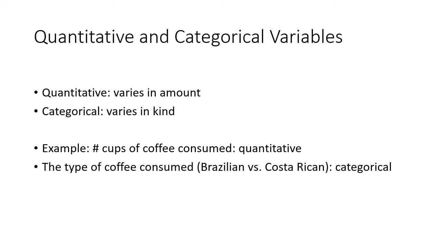That means the number of cups runs on the same spectrum: 2 cups of coffee is exactly 2 times more than 1 cup of coffee. Now, let's say the type of coffee that is consumed, Brazilian versus Costa Rican versus Ethiopian, whatever, that would be categorical, because this varies in kind rather than in quantity.